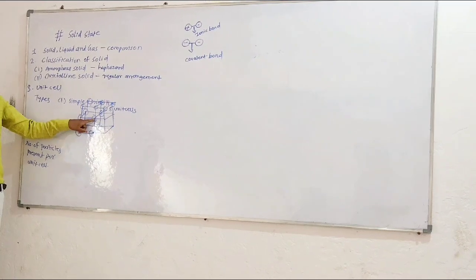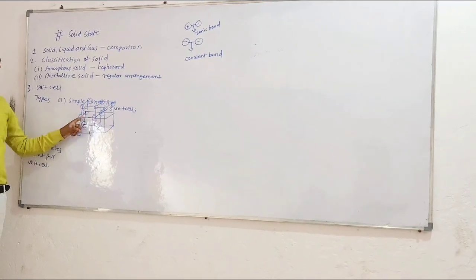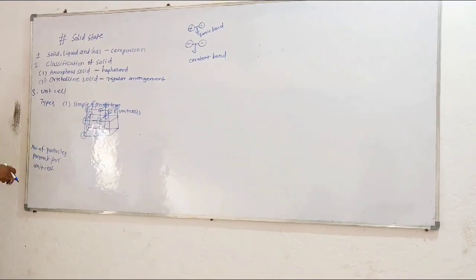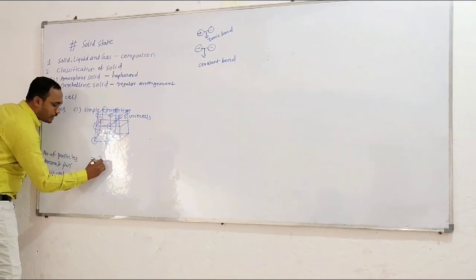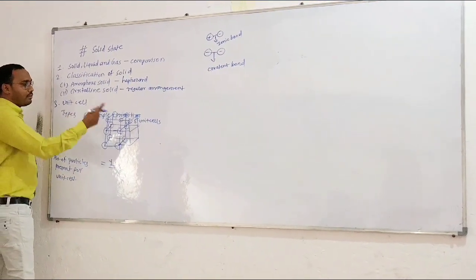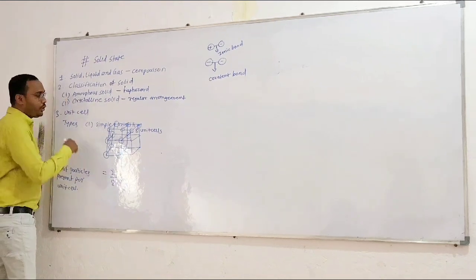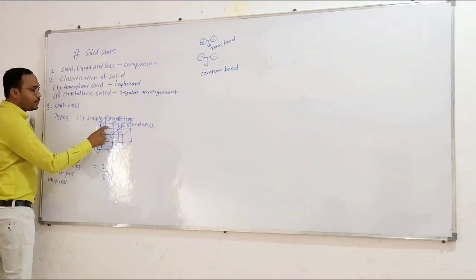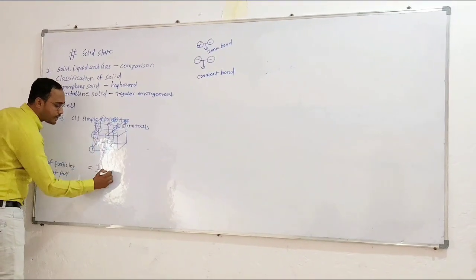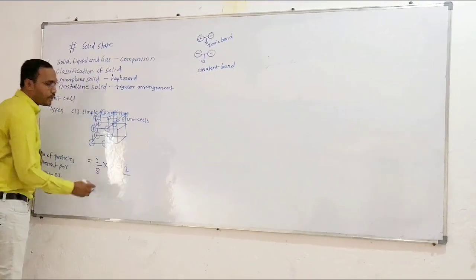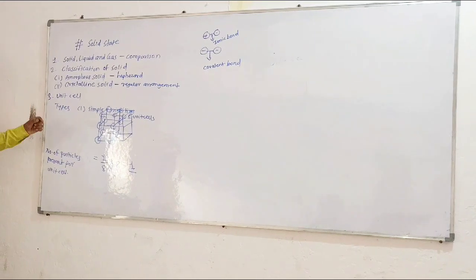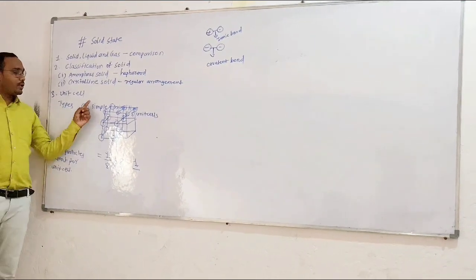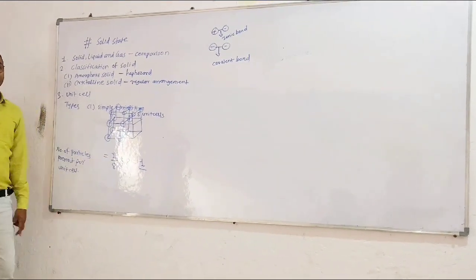So the particle present at the corner is divided amongst 8 units. So one particle is divided among 8 unit cells, and total number of particles present at the corners is 8: 1, 2, 3, 4, 5, 6, 7, 8. So effectively, in simple unit cell, there is only one particle present.